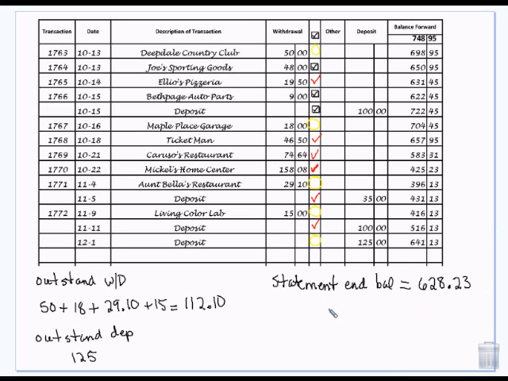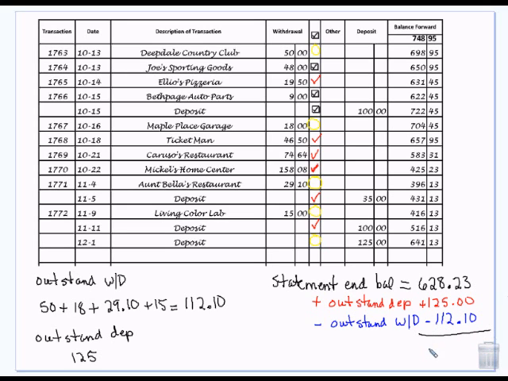I'm going to add outstanding deposits. And I'm going to subtract outstanding withdrawals. So I take my balance from my statement, I add 125, and I subtract 112.10.